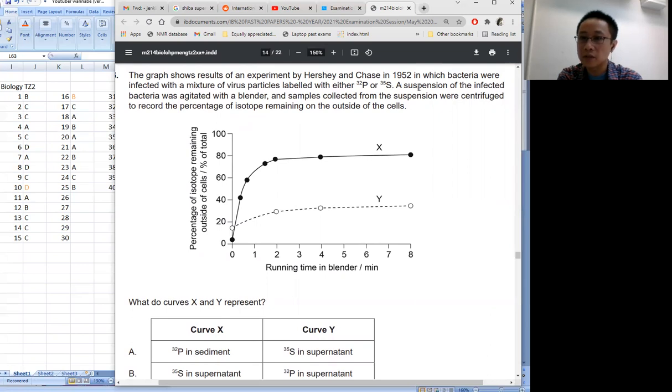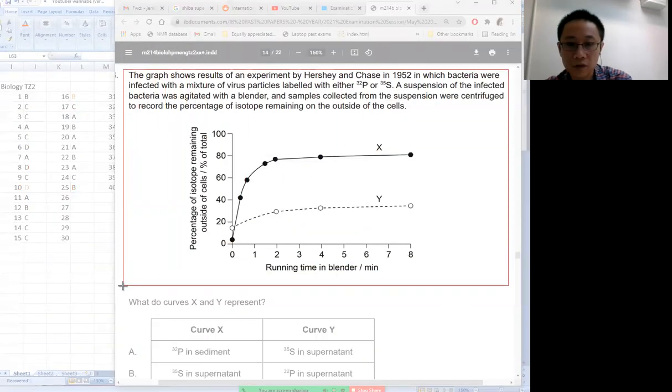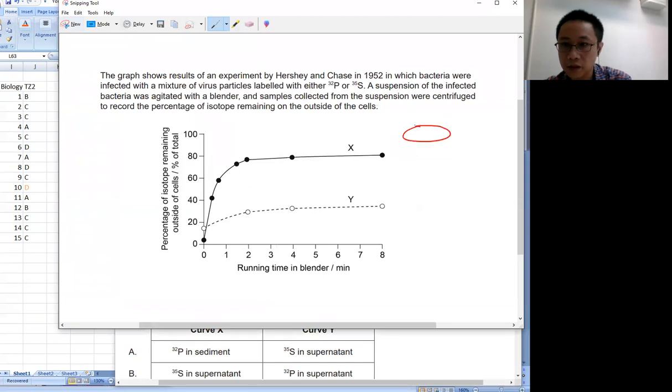Okay, I'm guessing the suspension was already infected. So they try to analyze the already infected bacteria. I hate it, just spending so much time. So, bacterial cell. We know that the radioactive sulfur is here and the radioactive phosphorus is in here. You blend, you basically shake off most of the sulfur.